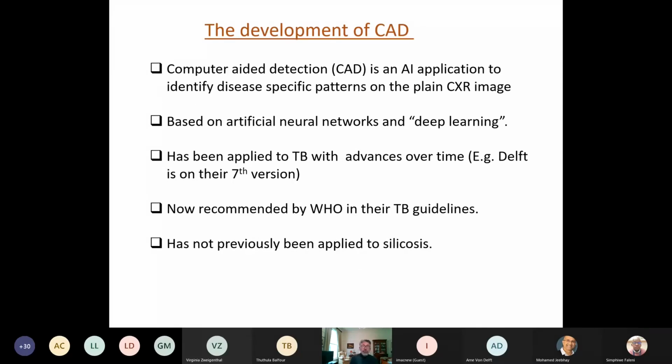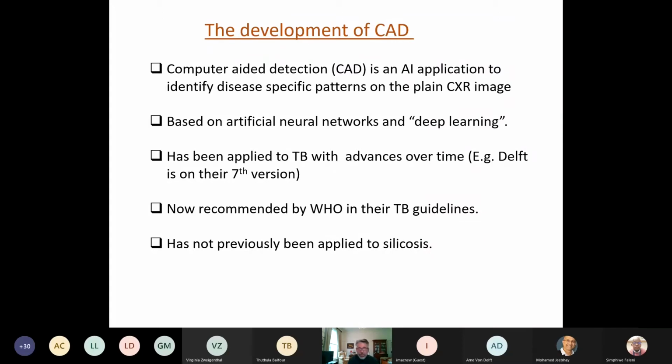So the question is really, computer-aided detection is an AI application to identify specific patterns on the plain chest X-ray image. It's based on AI technology of artificial neural networks and deep learning. I'll leave that to you to look up. I certainly don't have much deep understanding of that myself. It's been applied to tuberculosis with advances over time.